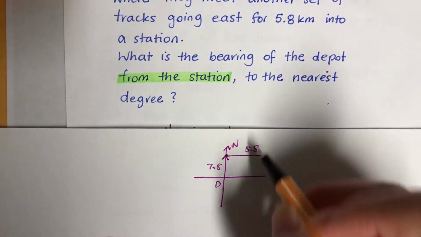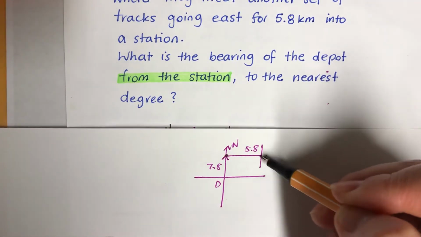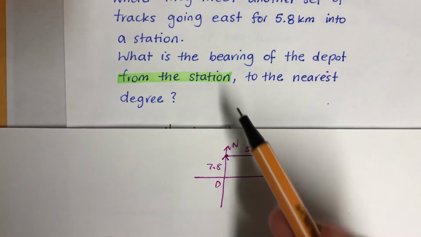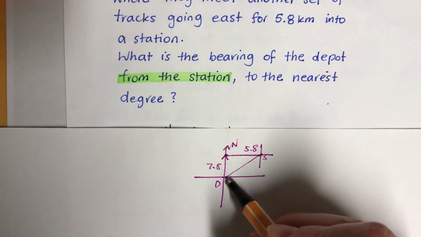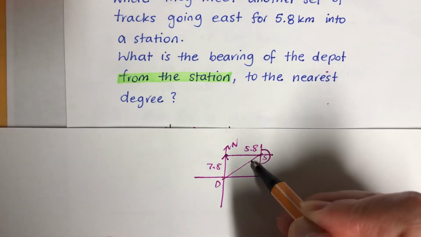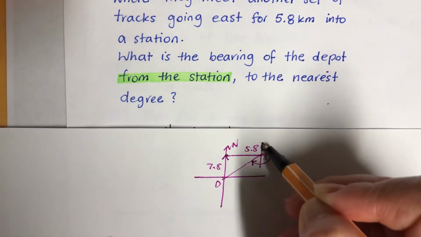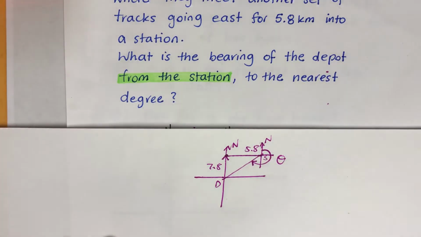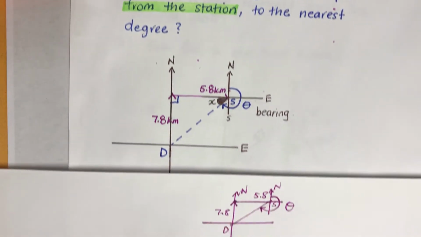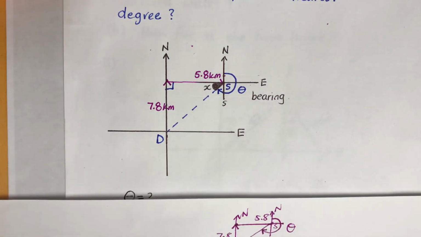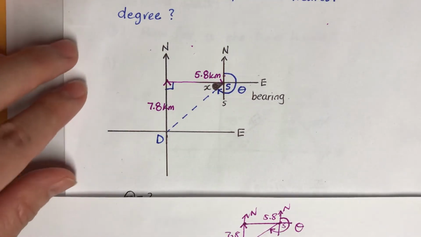So that's my station there. And then I'm just going to have to sketch another one, because it says we have to find the bearing of the depot, this one, from the station. So that's the bearing we have to find, that's north. Okay, so let's have a look. Exactly the same, but better looking diagram.